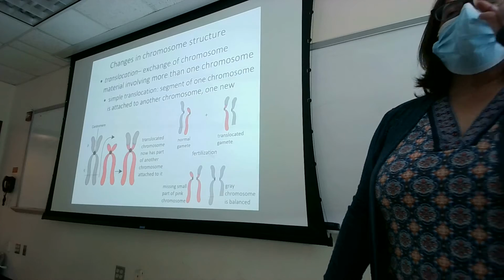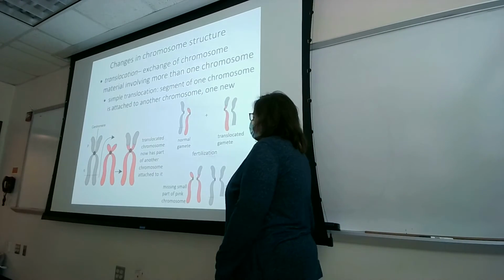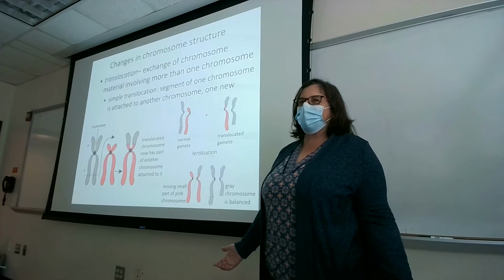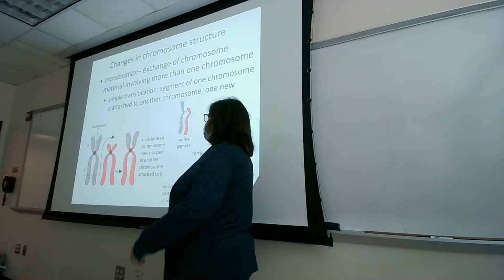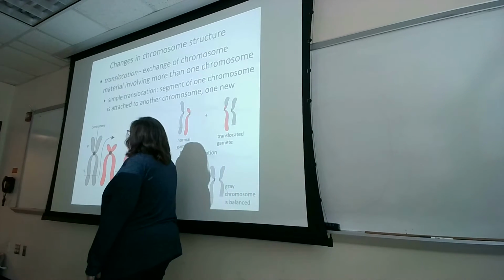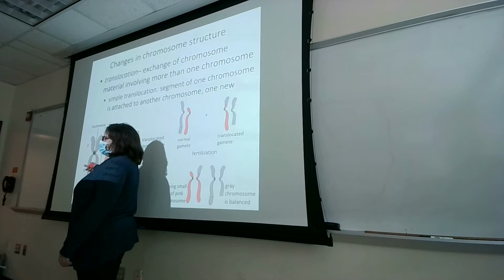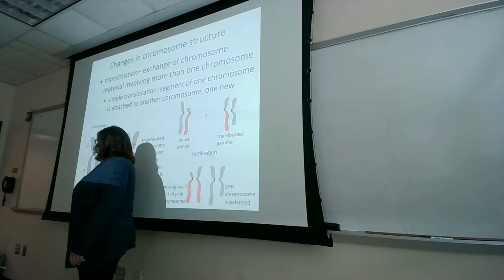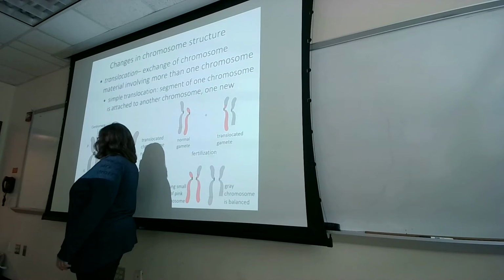Now translocations are a little bit harder to think about because, first of all, the pictures aren't great. It's kind of hard to follow because you're trying to see a process, but you're seeing pictures. So here we have an example of two different chromosomes. And we know they're different because they have different shapes. So in this case, we have a breakage of the chromosome down here, but this one's fine.